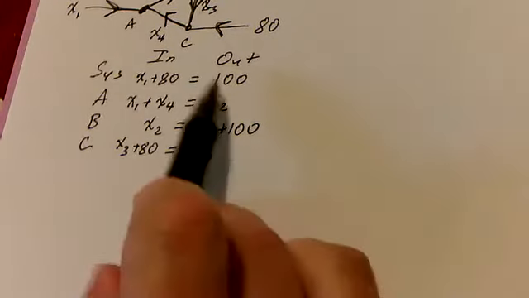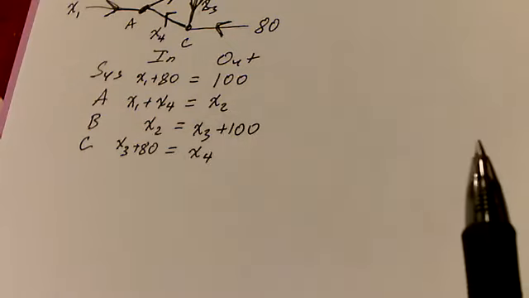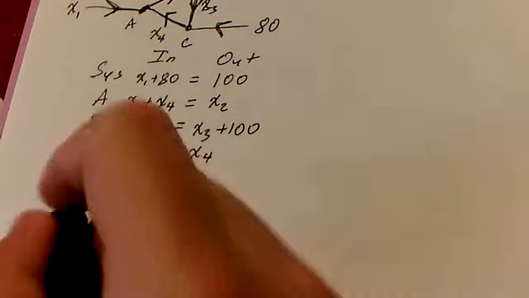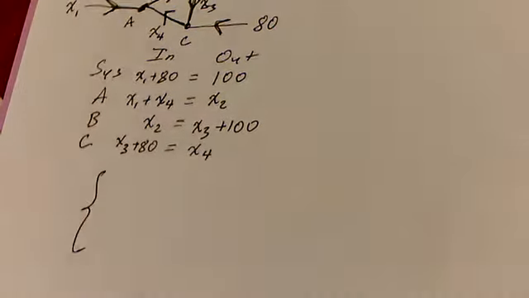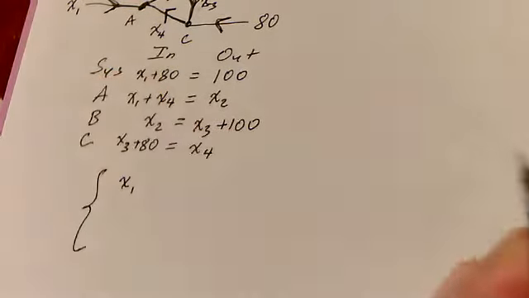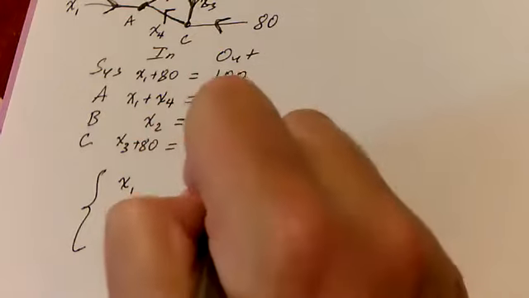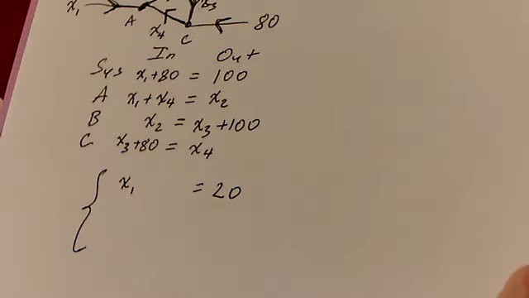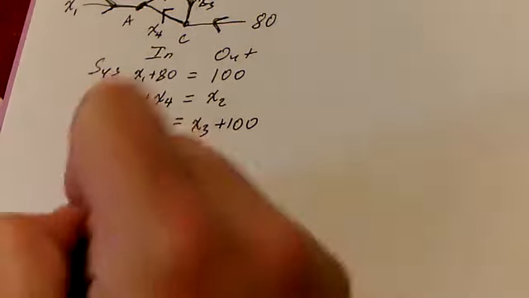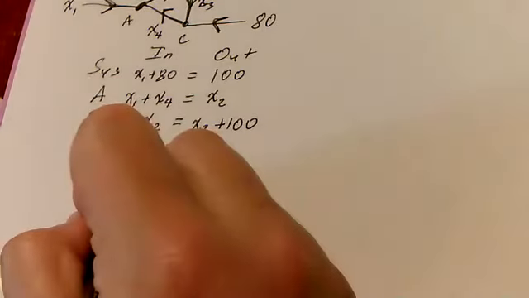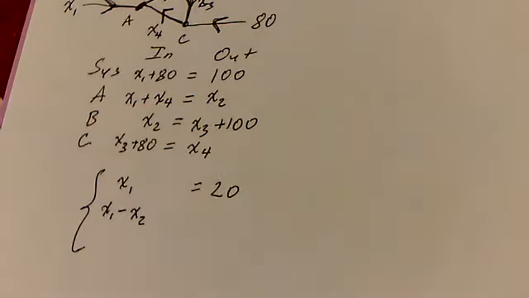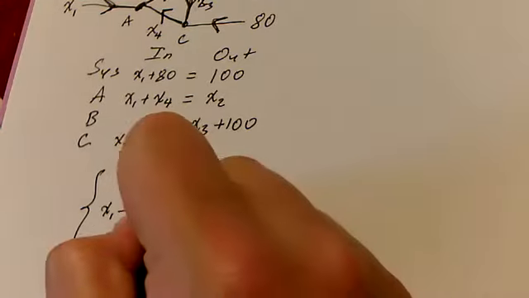I want to make sure I get the constants to the right-hand side and the variables to the left-hand side. So my system then, first equation, I've got x1 on the left. I'm going to move the 80 over to the right. 100 minus 80 is going to leave me with 20 on the right. Second equation, I've got x1 minus x2. I'd like to keep them in order so I can keep it straight. And then I have a plus x4.